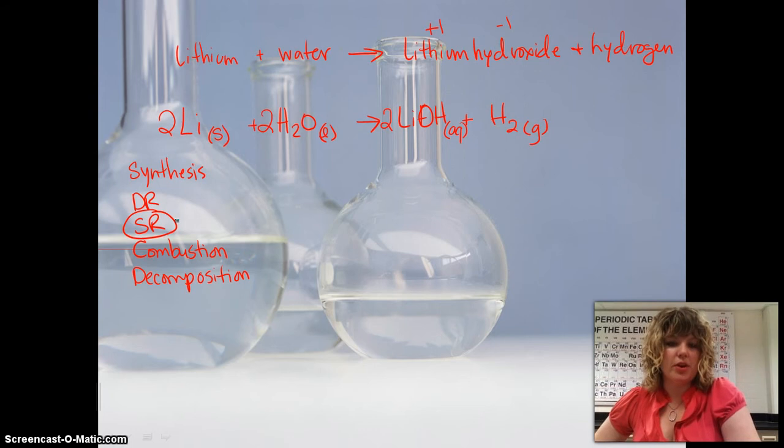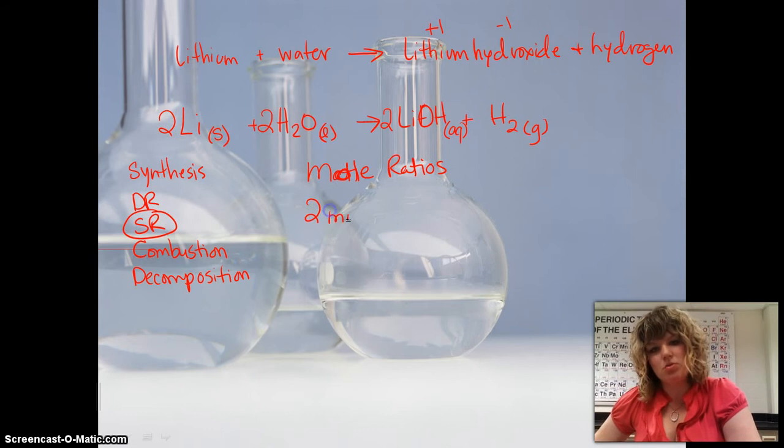I might ask you to make the mole ratios. Mole ratios is what we did for chapter 12. Okay, so the mole ratios would be using the balanced chemical equation, so maybe 2 moles of lithium over 2 moles of water.